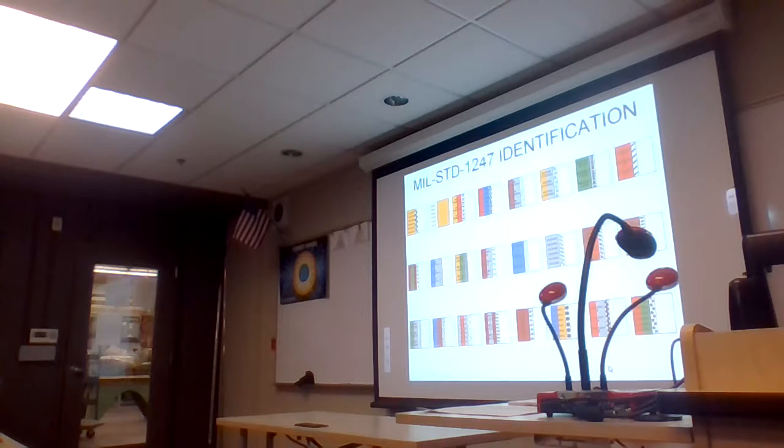For identification purposes, you should realize that most things that carry some type of liquid or gaseous material are identified. There's a mill standard called Mill Standard 1247 that we use for identification purposes in aircraft. You can see down at the bottom over here we've got one particular one for hydraulic. For hydraulic systems, the way we've identified the lines is by a series of color-coded bands. We'll use a blue and yellow.